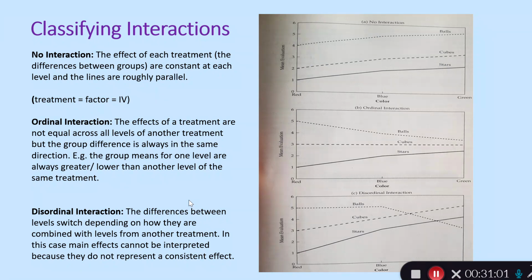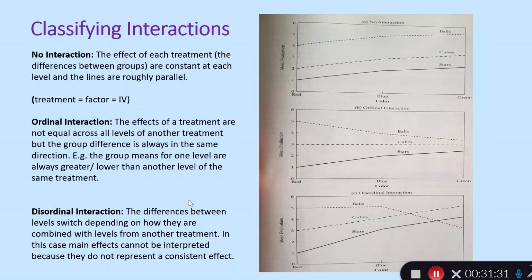So in the no interaction one at the top, the main effect there would show that balls always has a higher mean than cubes, which has a higher mean than stars. In the disorderly case, balls has a higher mean than cubes, which has a higher mean than stars, but not if you're in the third group, which is green.